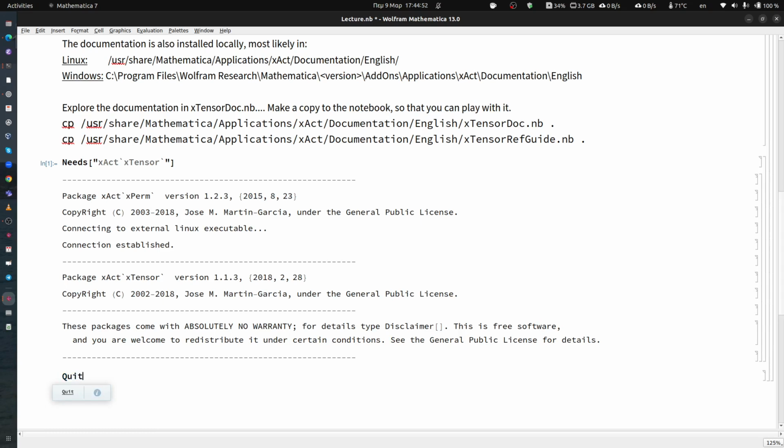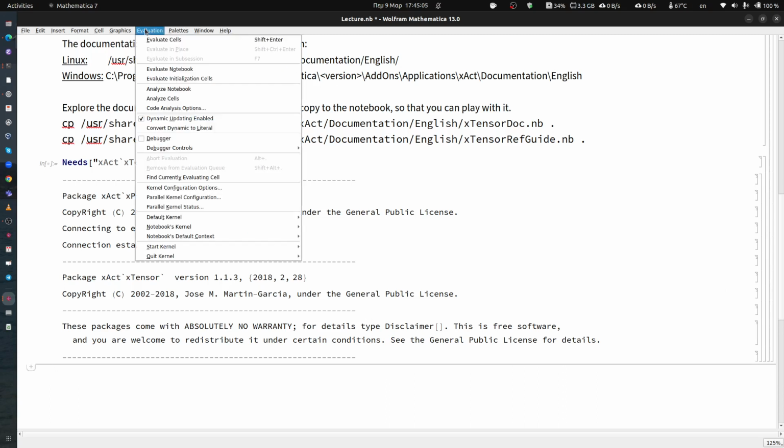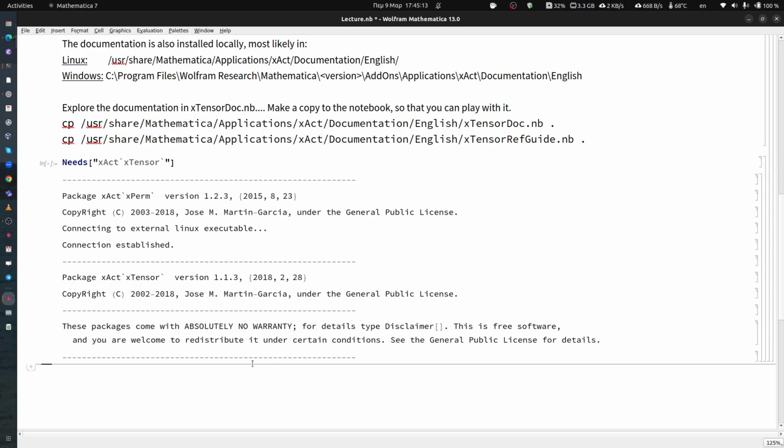So you can give the Quit command, and then of course you have to delete the Quit command from here and go to Evaluation, and re-evaluate the full notebook and get back to the point where you were calculating. So use Quit at any time to restart and re-evaluate all the commands found in your notebook.